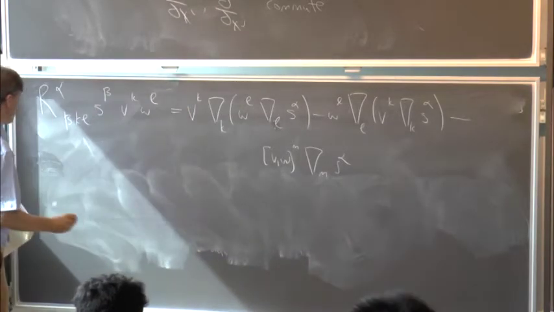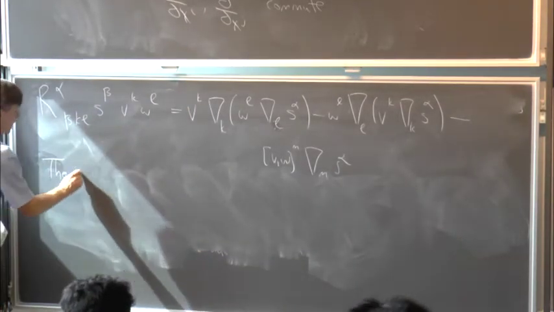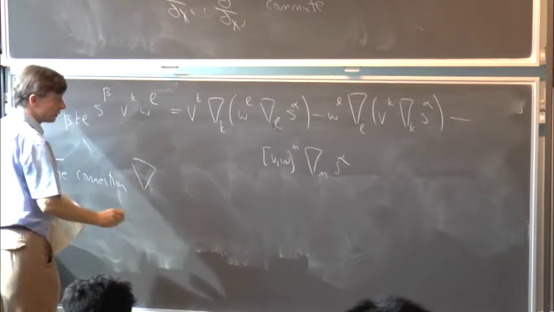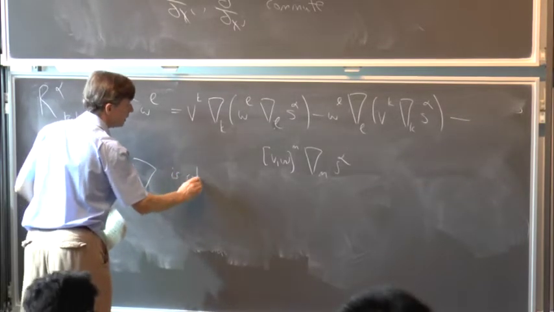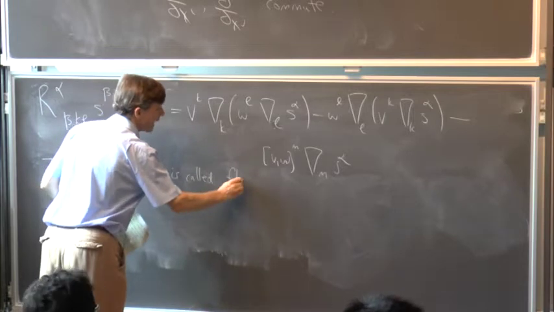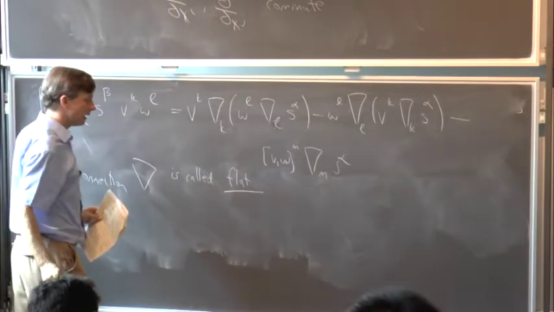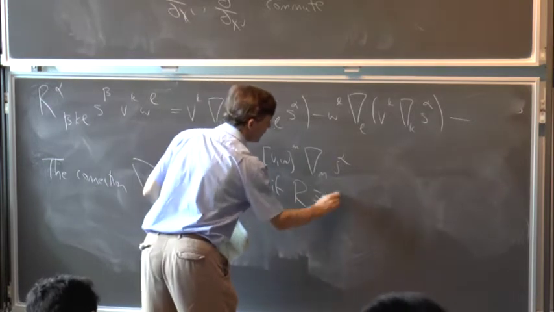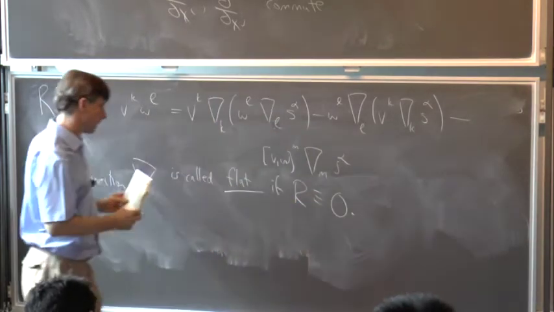Right, so the connection nabla is called flat if R is 0 everywhere.